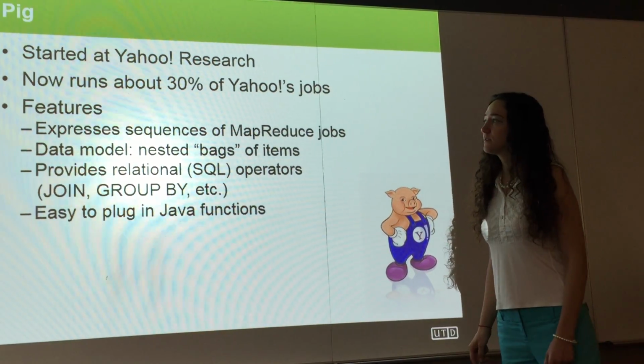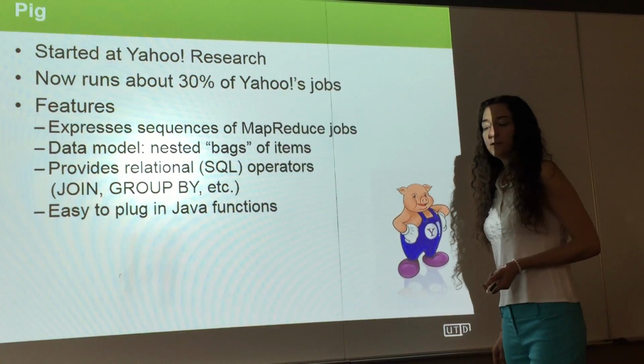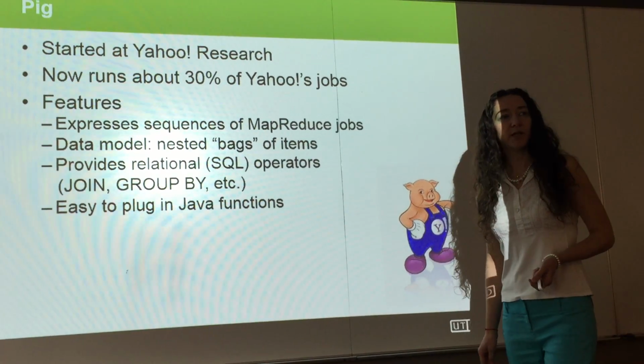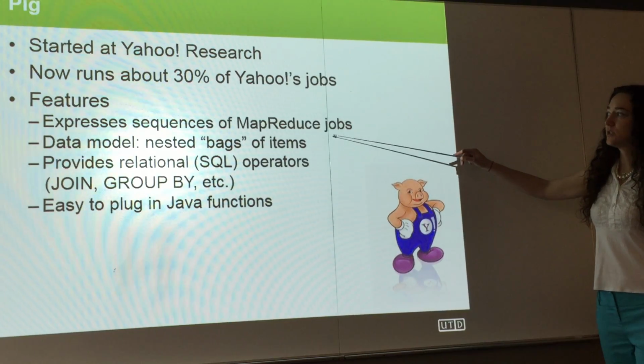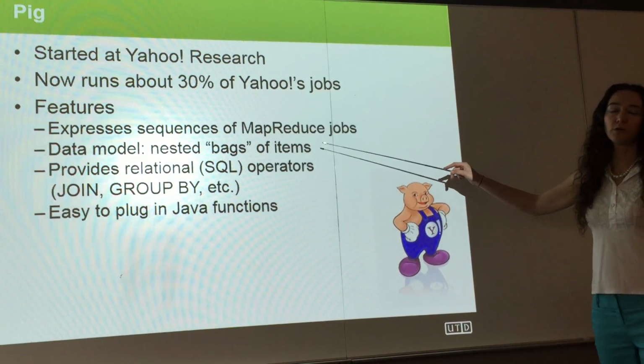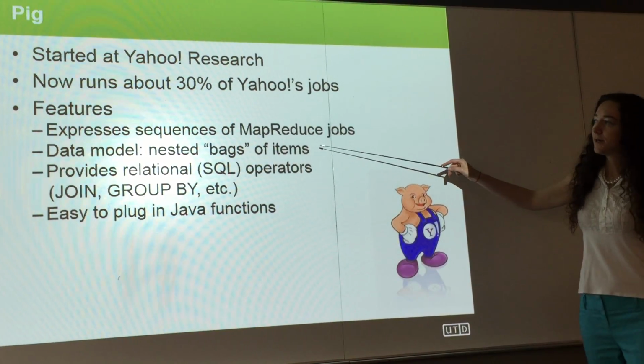It expresses sequences of MapReduce jobs, so it will run MapReduce jobs, but it's a high-level language that allows us, in much shorter pieces of code, to accomplish what we're trying to do.